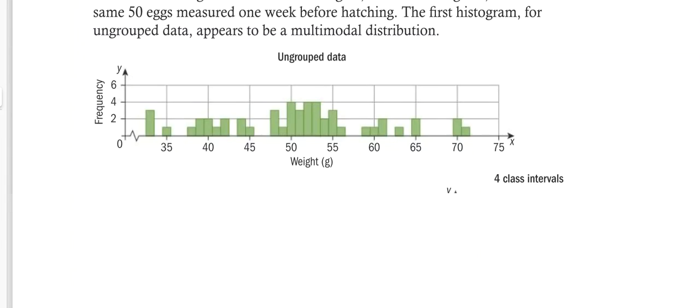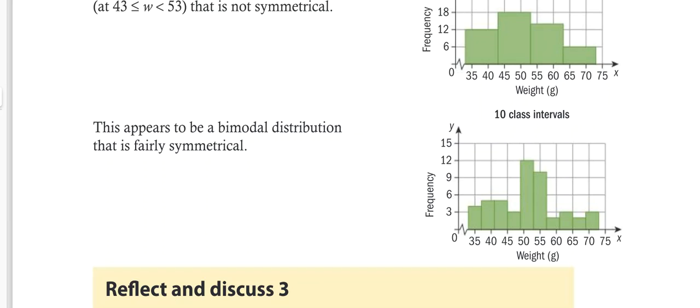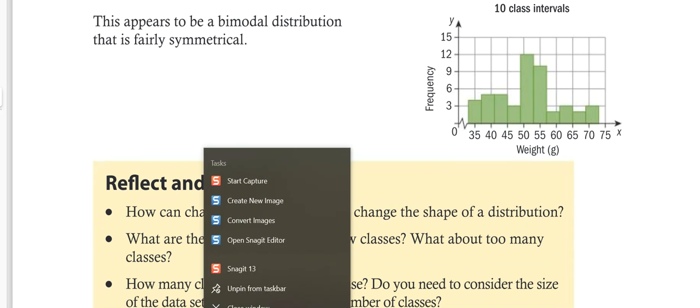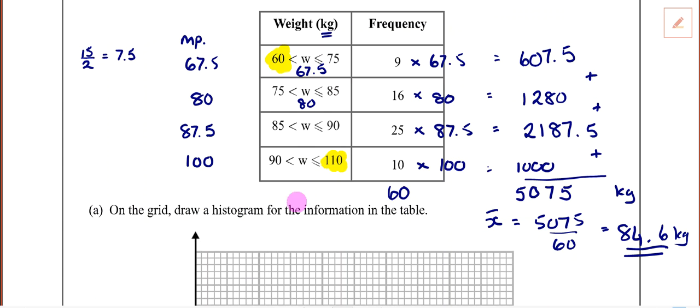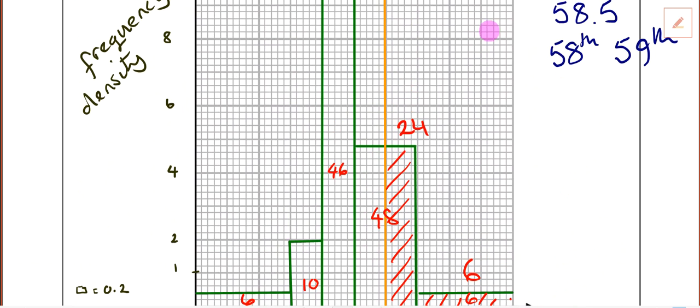The mode, do you remember what a modal class is? The class with the most in it, yeah? The group data. So one thing I was thinking about, if we go back to this graph, guys. Sorry, there's something we should add to your notes.